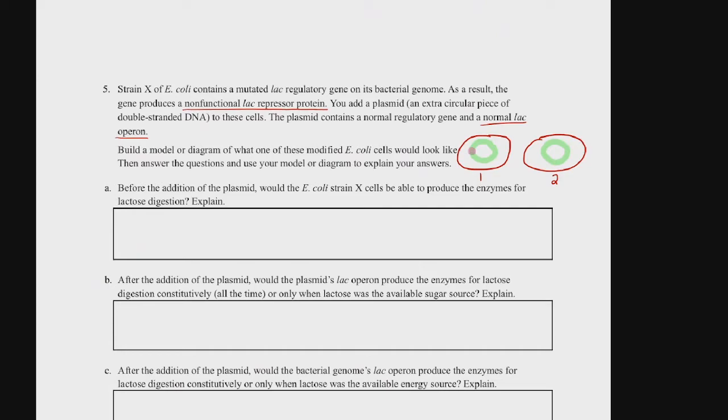So when a plasmid inserts its DNA into this gene to make that lac operon functional, it's still going to have that other gene, but now it has the functional one.